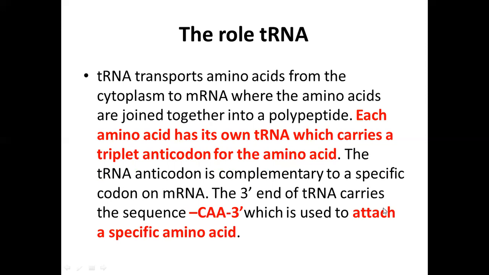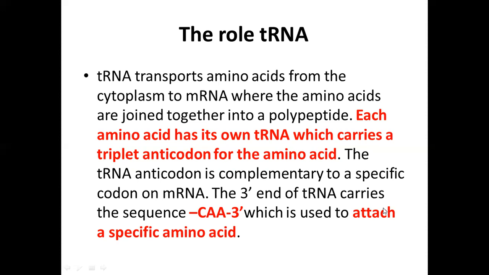So remember that each amino acid has its own transfer RNA. And remember, as we had mentioned earlier, the anticodon on transfer RNA binds to the codon on messenger RNA. So the anticodon is complementary to the specific codon in messenger RNA.